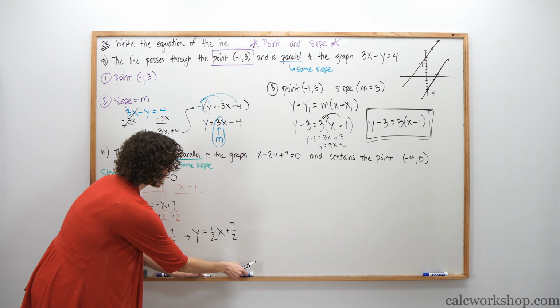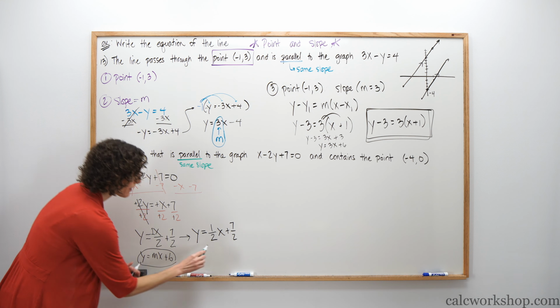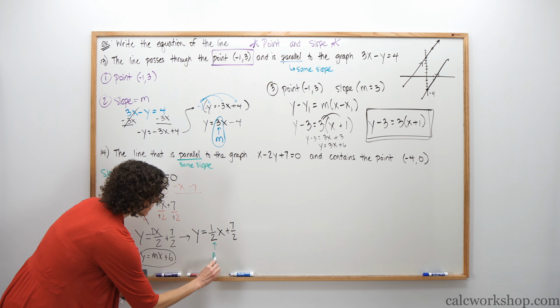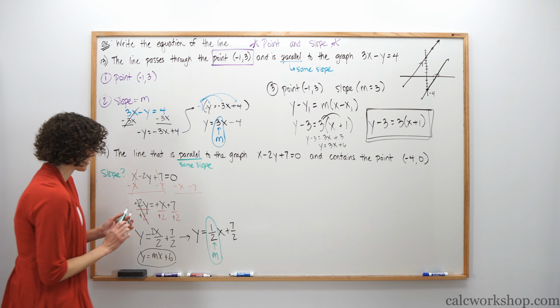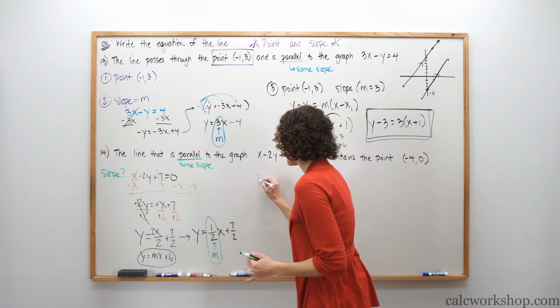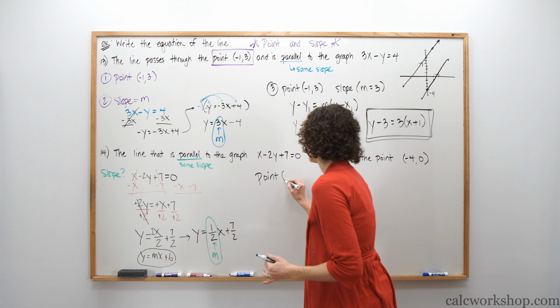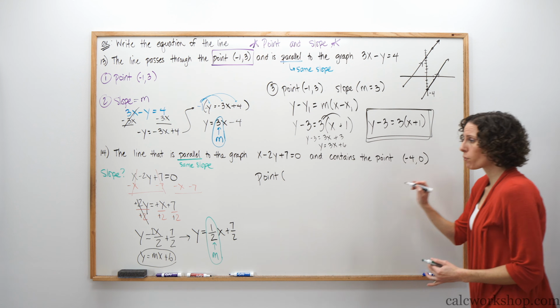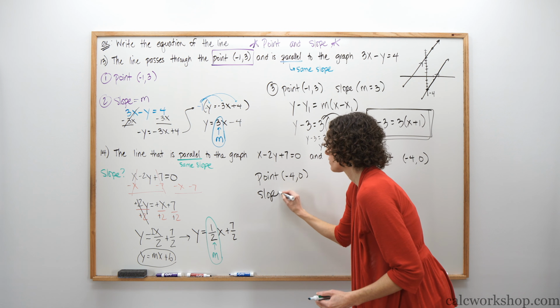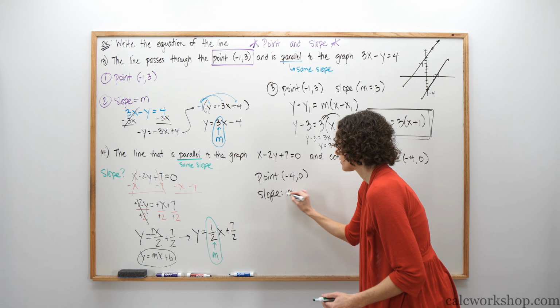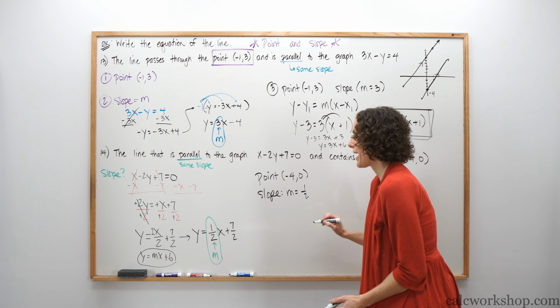What we've now discovered quite nicely is that this is m. This is the value I need. So now I have the point which they gave us as negative 4, 0. And I have the slope which we just found to be m equals 1/2.